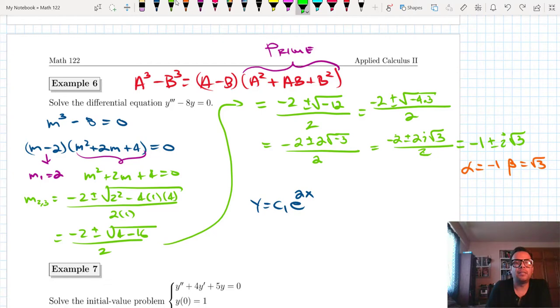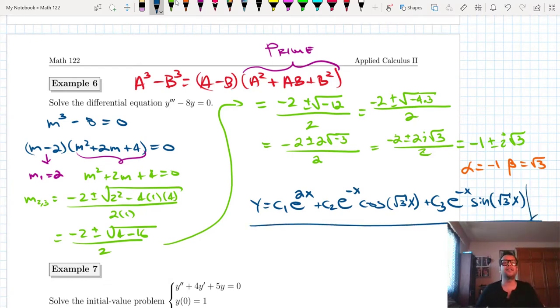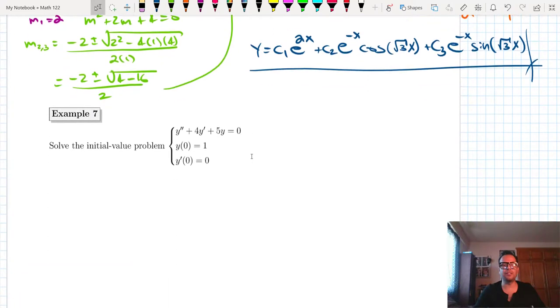Okay, and then plus c2 e to the alpha, that is negative x, negative 1, cosine of beta. Notice here the x is outside of the radical, plus c3 e to the negative x, sine of square root of 3 times x. And that is the general solution to this higher order differential equation.